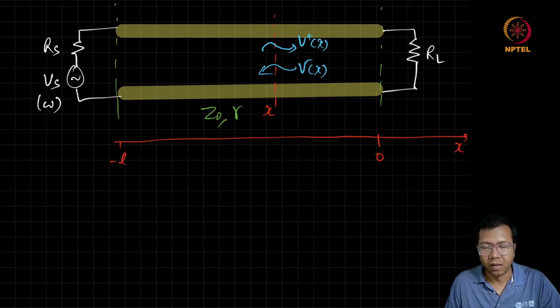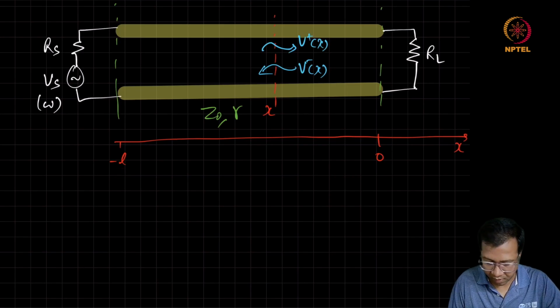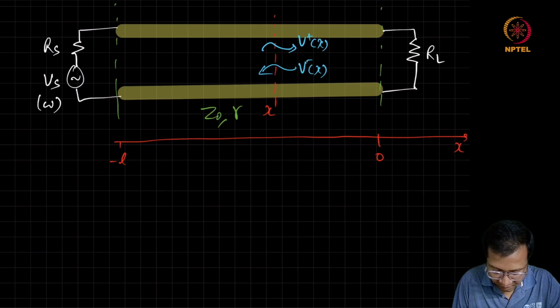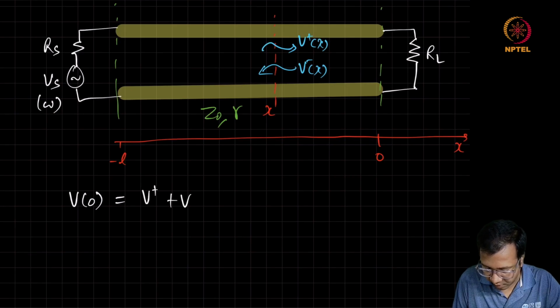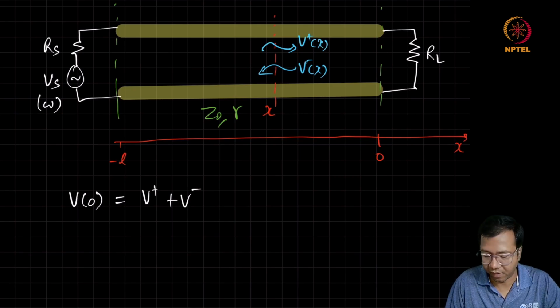So by replacing x equal to 0 on the load side, we can see that the voltage at the load is going to be equal to V plus plus V minus. So here we are defining V plus and V minus as the traveling waves in the positive and negative direction at the load side.